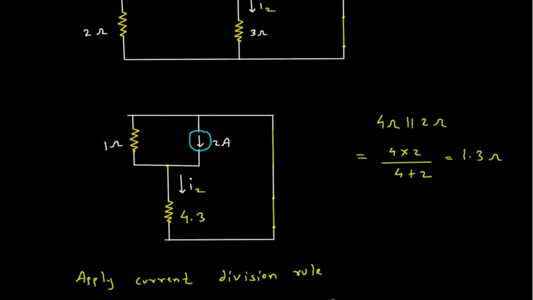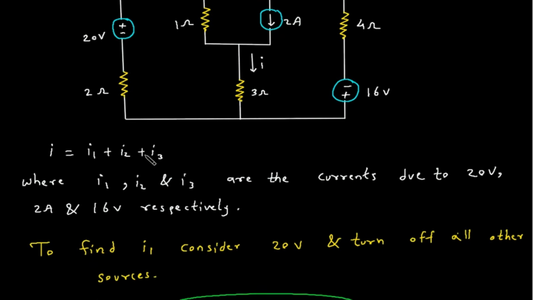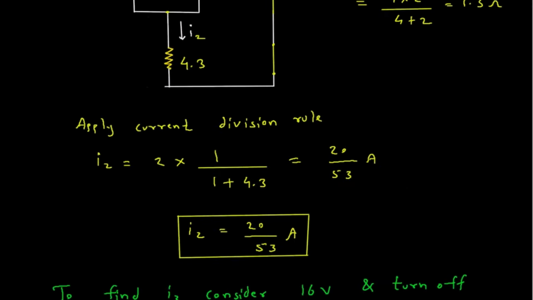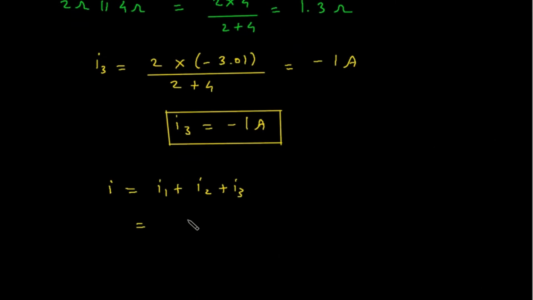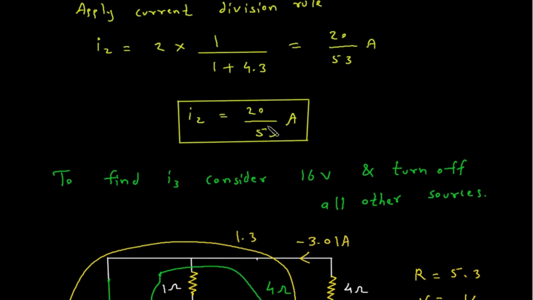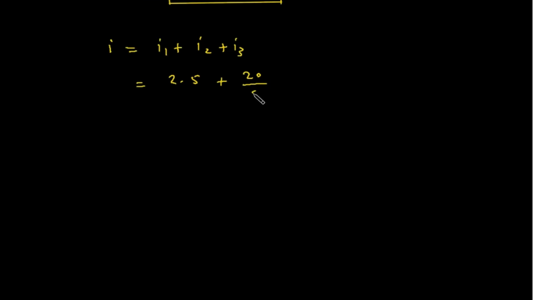Now what we have to find? We have to find I is equal to I1 plus I2 plus I3. Now I1 is 2.5 ampere, and I2 is 20 by 53. So 20 by 53 plus I3.